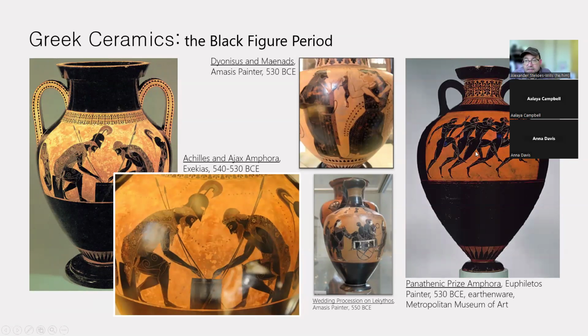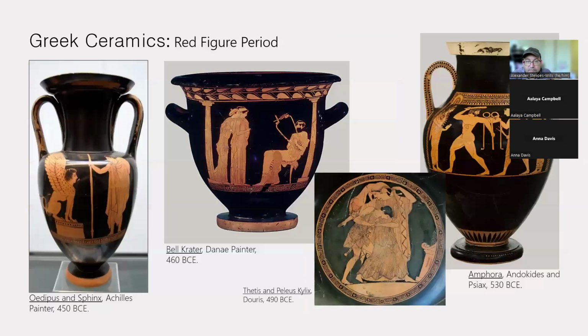And that could be just a basic line drawing like this prize amphora right here, or it could be really detailed, like with a stylus scratching away those lines, making all of that pattern on the cloaks. Ajax amphora.